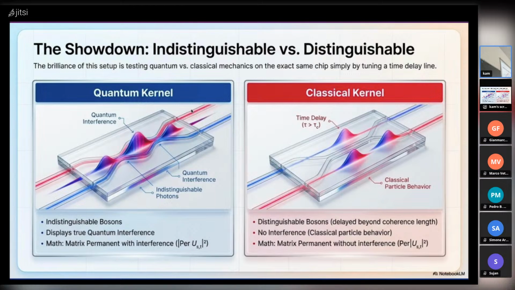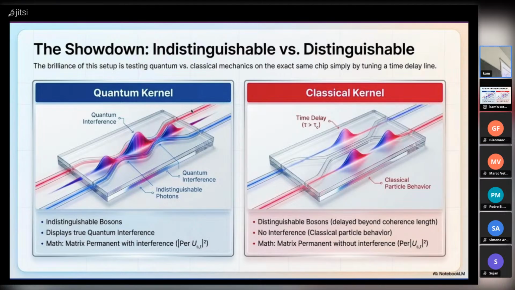That's what you're saying. Yes, the output probability is determined by the permanent. And that's related to the quantum kernels, you see. Otherwise you have to do a swap test or something. Here they don't do that. But usually to compute the kernel elements, you have to do a controlled swap test. That's the standard way.